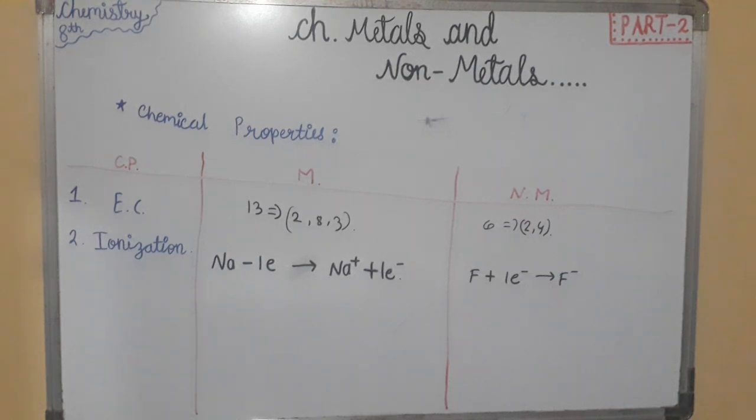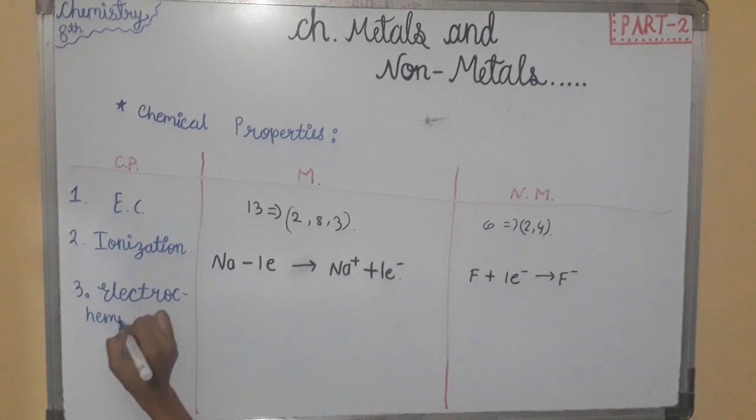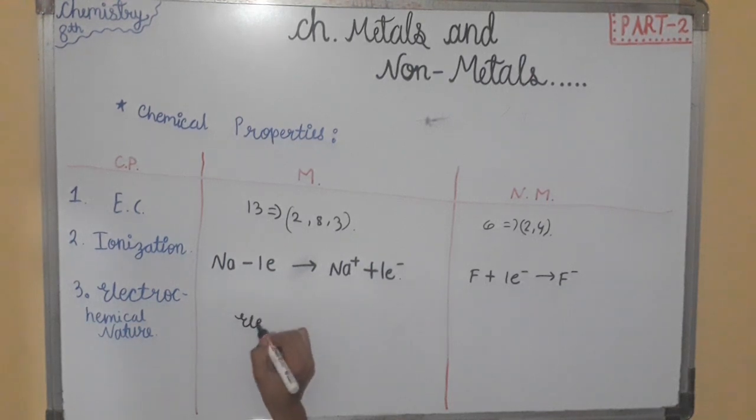Now electrochemical nature. Third is electrochemical nature. In metals, it is electropositive in nature.